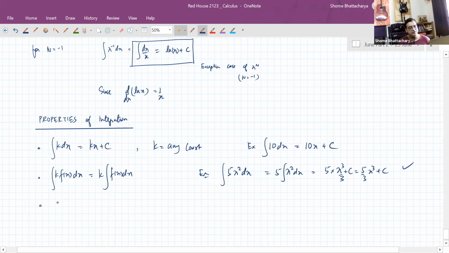And the third and final property, the distributive property: the integration of sum of two functions or difference of two functions is the sum of their integrations or difference of their integrations.